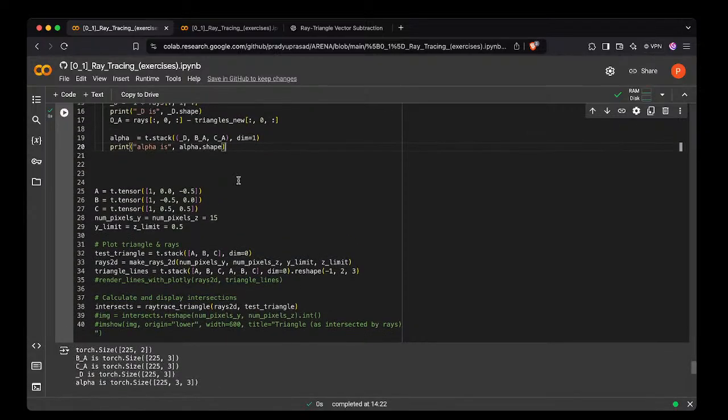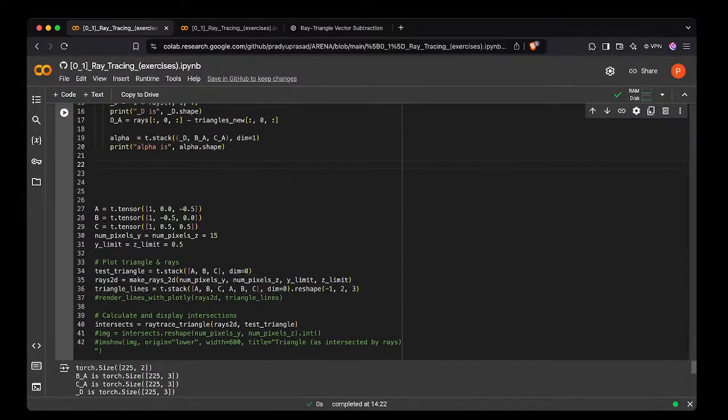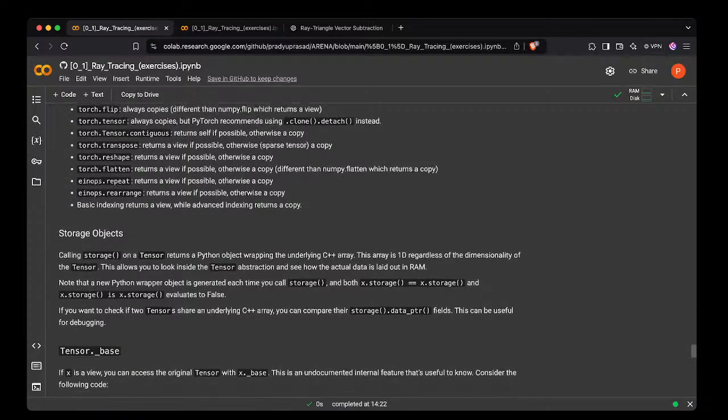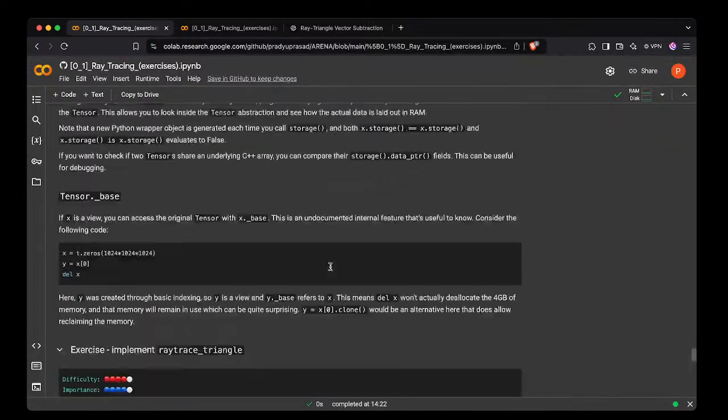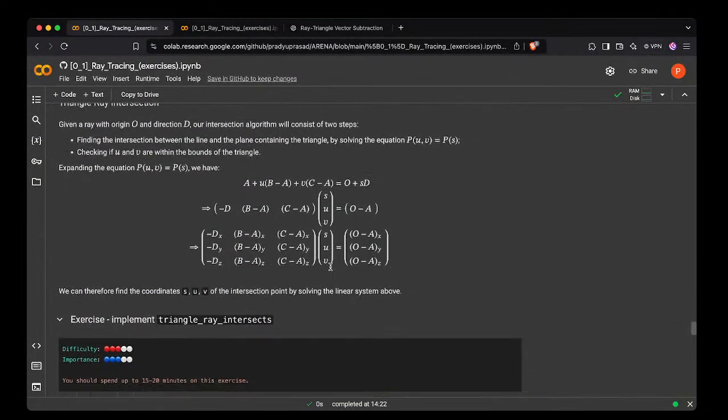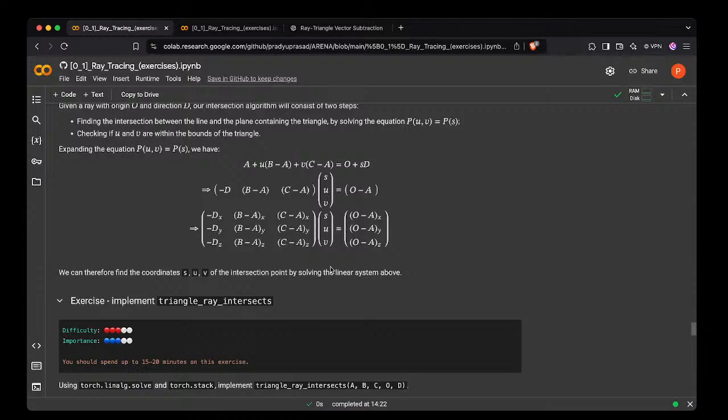Yay, we have it, right? Beta should be two to 5 by 3.